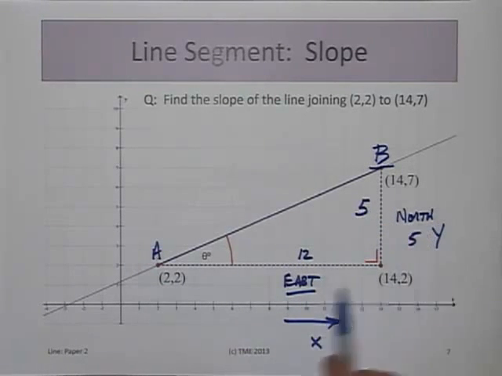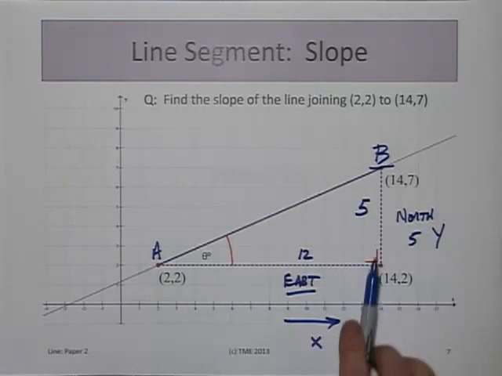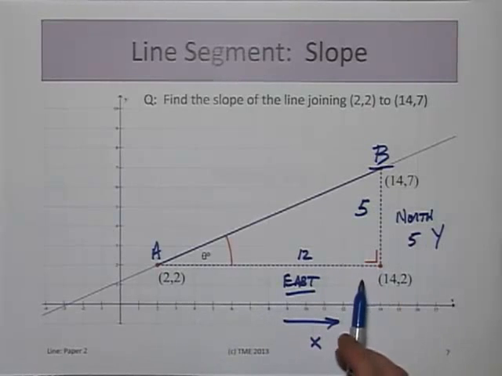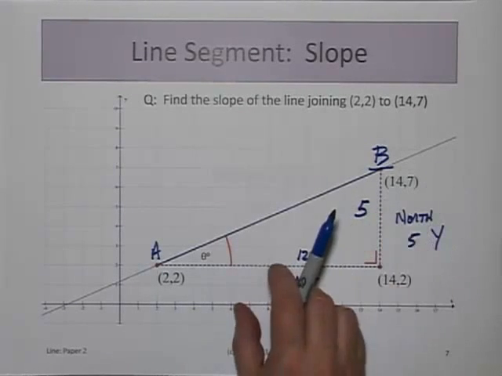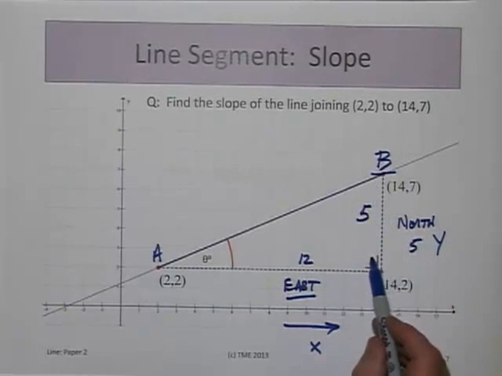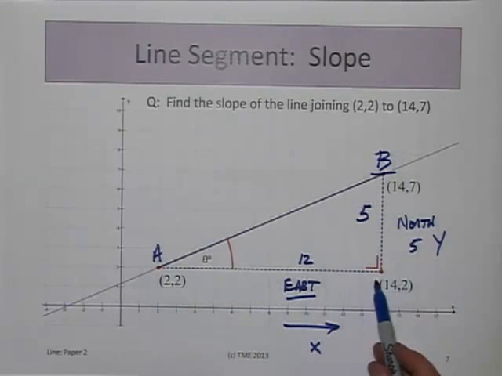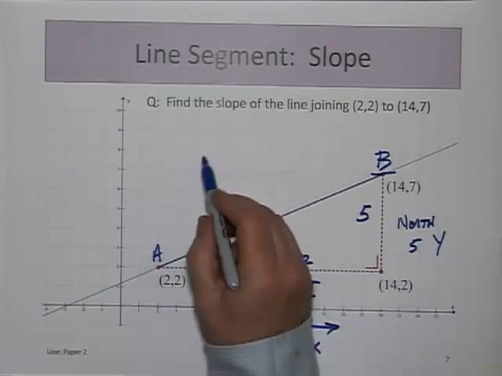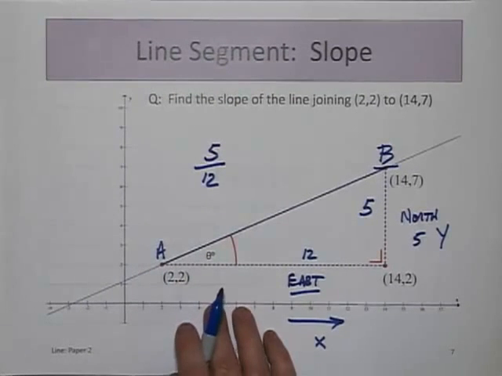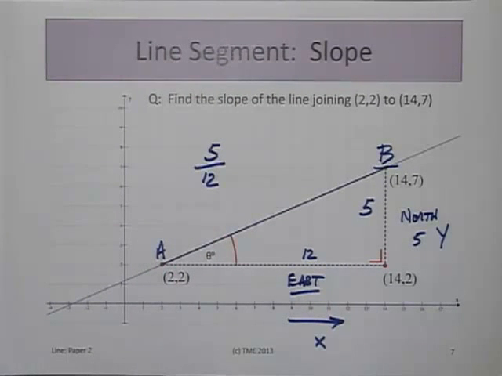Or on a horizontal, you might say 12 across on the horizontal, 5 high on the vertical. And that's how we define that. Now, the slope tells us how severe that lift is. How much high do you go for how much across? We put one over the other and say 5 high for every 12 across. We write it as a fraction. So 5/12 is the slope.